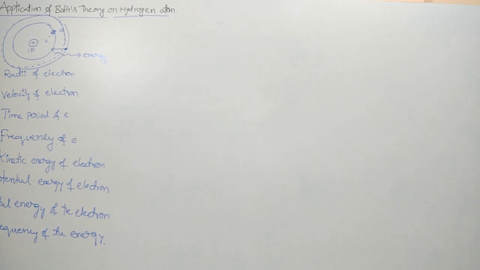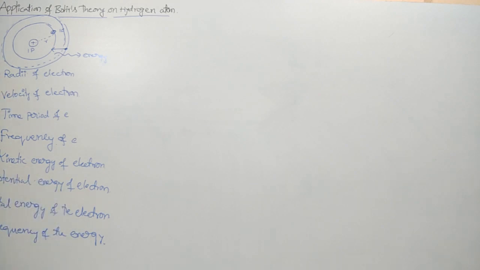So these are the points: what the electron will possess when it is revolving in an atom. It will have a radius, velocity, time period, frequency, kinetic energy, potential energy, total energy, and also the wave number, as well as the frequency.